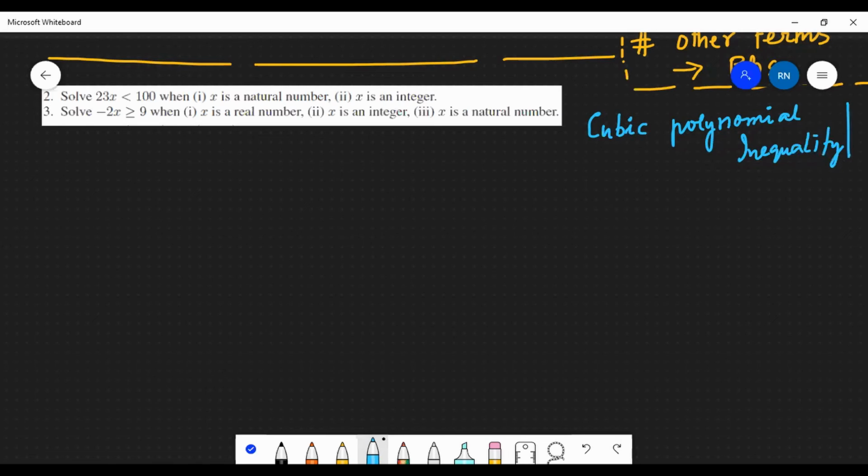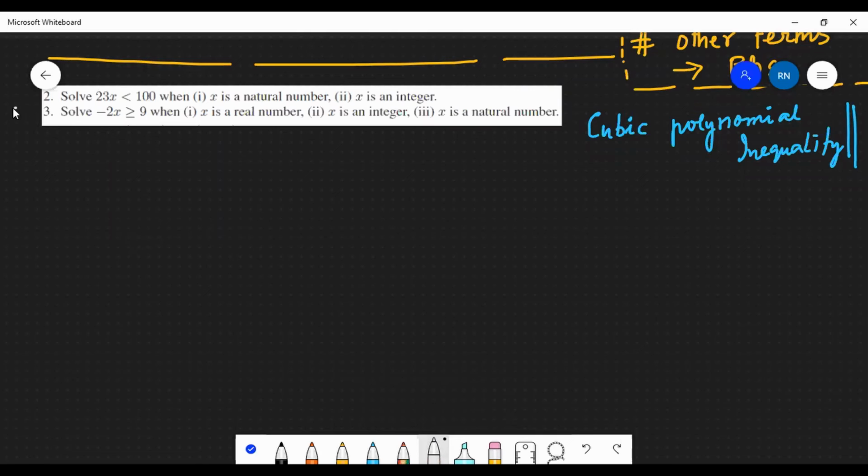So keep that as our aim. Slowly we will be going step by step. Is that clear to all of you? So it is not just linear. The syllabus demands your ability in solving all kinds of inequality.